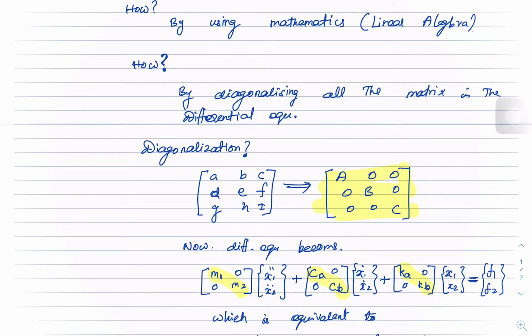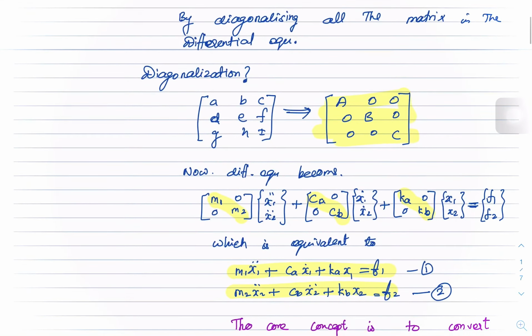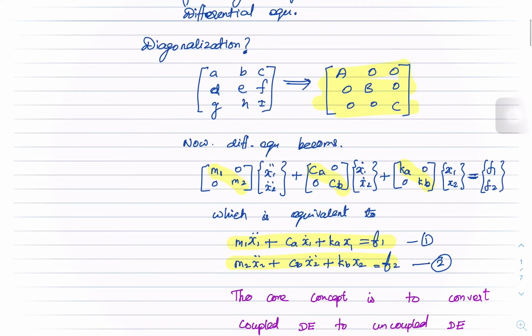Once it is diagonalized, the differential equation will be in this form, where you can see only diagonal elements are non-zero. Then equation 1 will contain only x1, whereas equation 2 contains only x2 coordinates. This is the beauty of diagonalization.